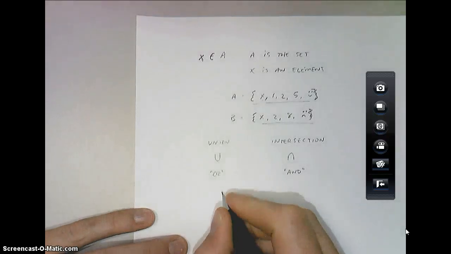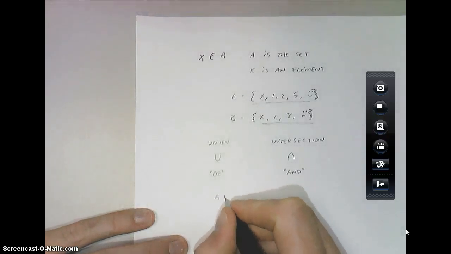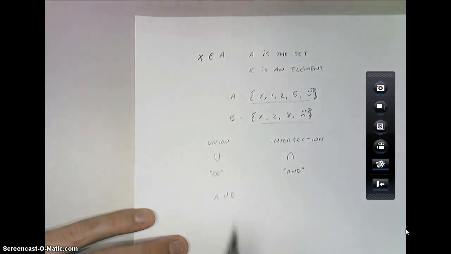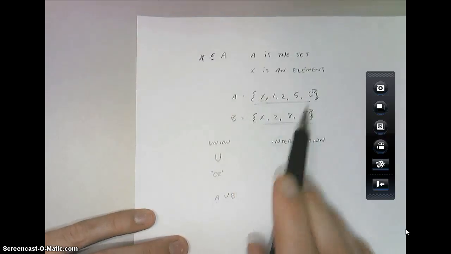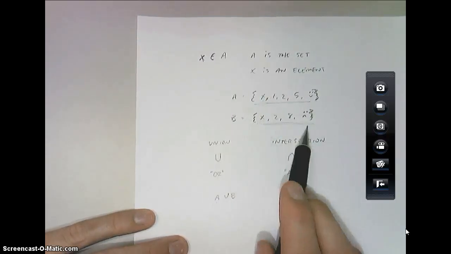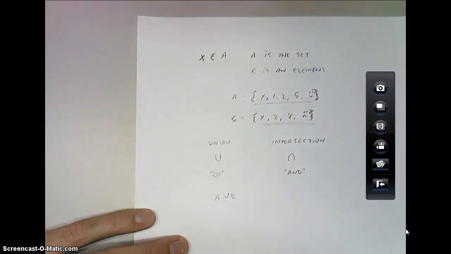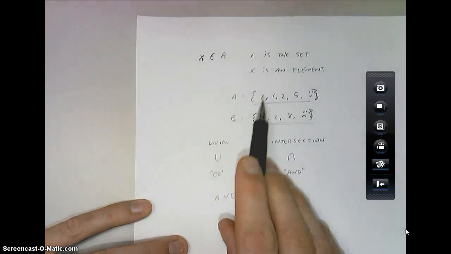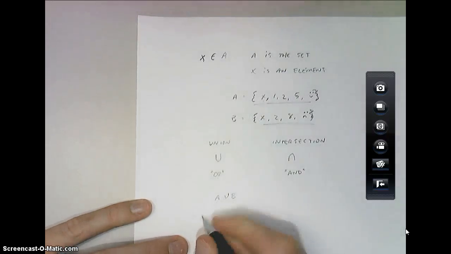So if I said, what is the union of A and B? So sets A and B, I want to know any element that is in A or is in B. So that means if the element is in A, you're going to write it down. If the element is in B, you're going to write it down. But we don't have to repeat elements. So since both of them contain x, I just write x one time.